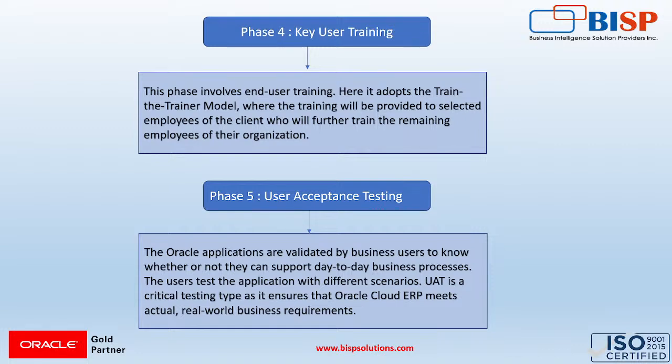Now the fifth phase is UAT, that is user acceptance testing. So this Oracle application is validated by the business user, to see whether they can support their businesses day to day or not. First, we have to test the instances in the application with different scenarios.